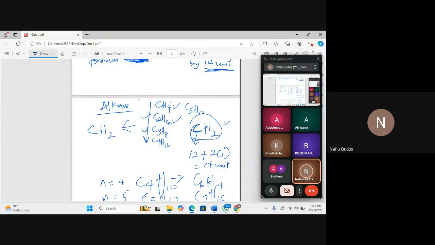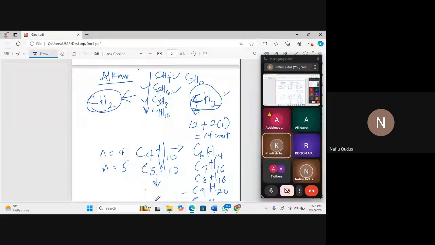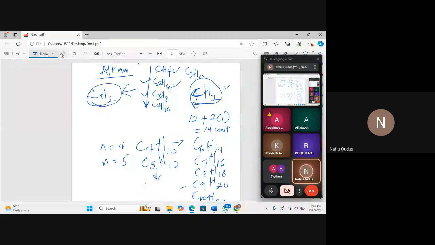H8 minus H6 gives H2, C3 minus C2 gives C. So it's still the same thing: the two consecutive members differ in molecular formula by CH2 and molar mass by 14 units. Any questions so far? There's no question. Okay. Now, likewise, the alkene family.